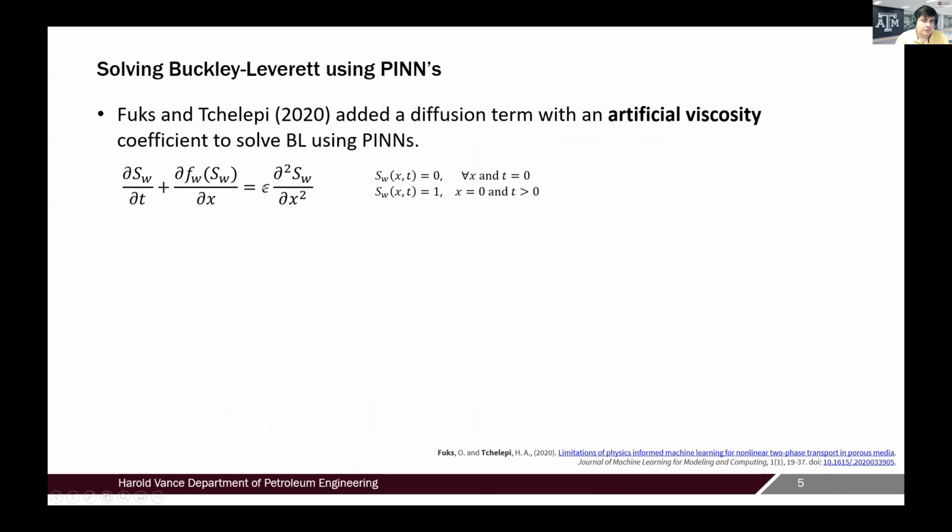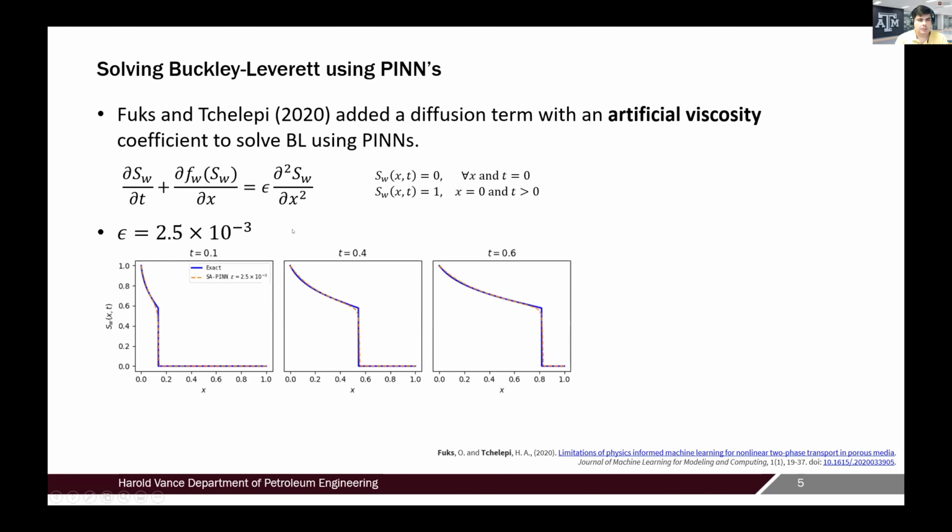I'm calling the artificial viscosity epsilon. By doing this, it was possible to solve this problem. So this addition of the artificial viscosity is a known method that you can use to solve this type of hyperbolic PDEs.